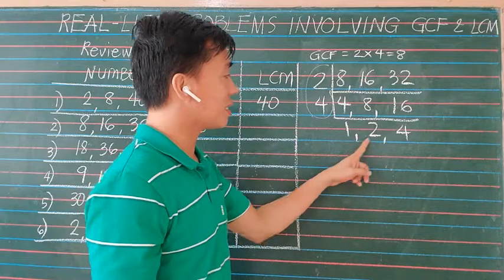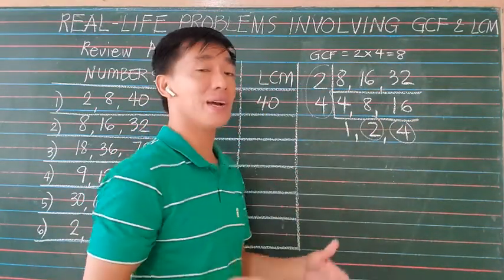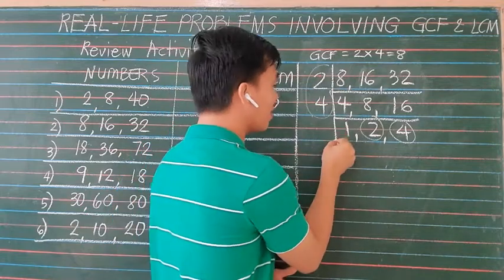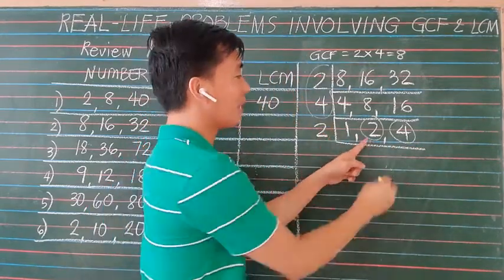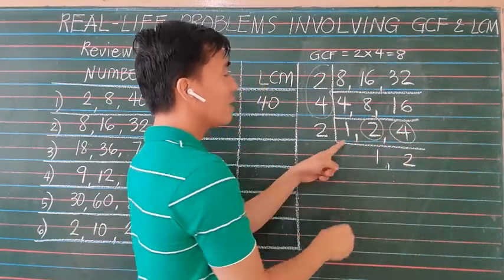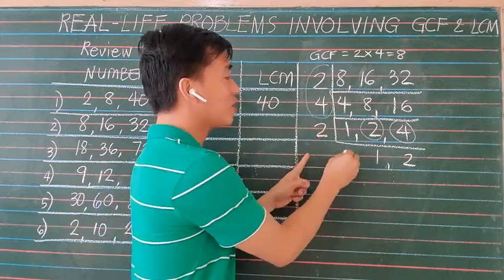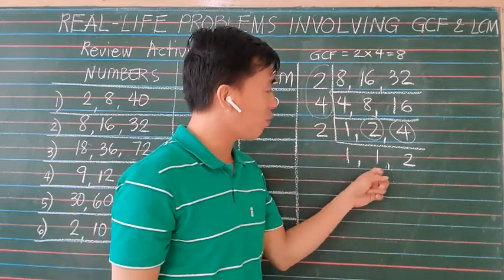So in this case, we still have two numbers that can be divided. So because we are now looking for the LCM, continue. Divide by 2. So if you will divide this by 2, the answer is 1. If you will divide this by 2, the answer is 2. Then, the one that cannot be divided, you just bring it down. So, our quotient here is 1, 1, and 1.